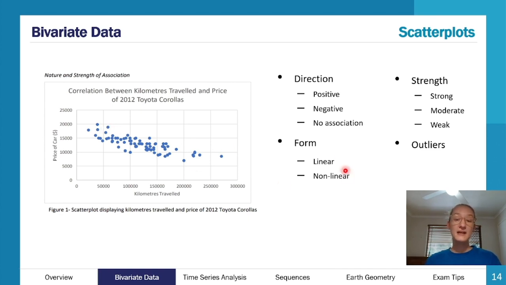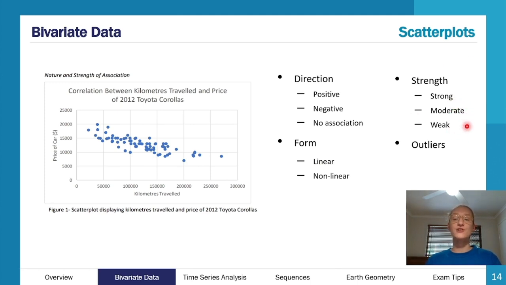This does appear to me to be a linear pattern because it looks like it's following a straight line for the most part. But there's some further statistical analysis, like a residual plot, that tells you more about that, and we'll get into that soon. So I'm going to say this is linear for now until I can test that later.